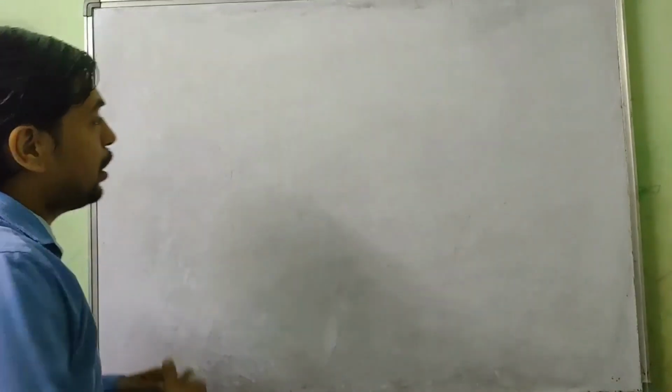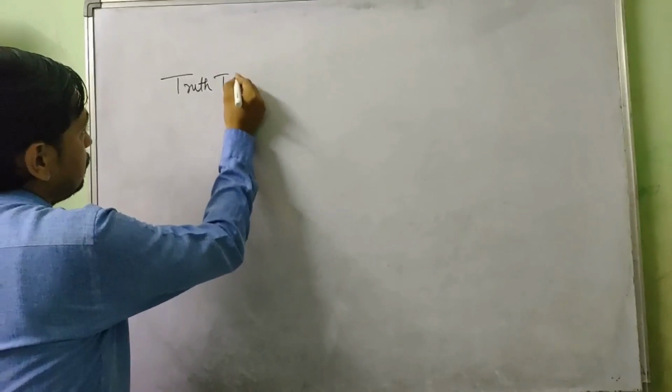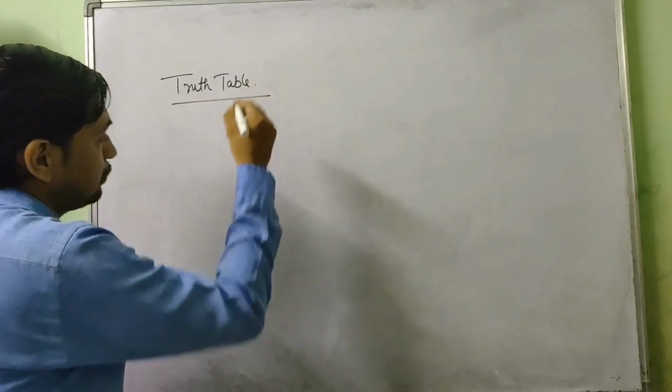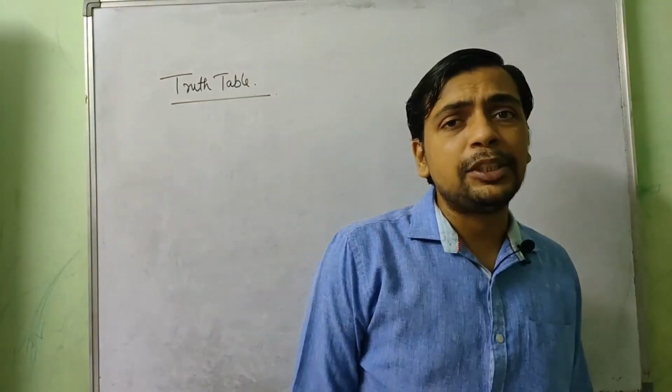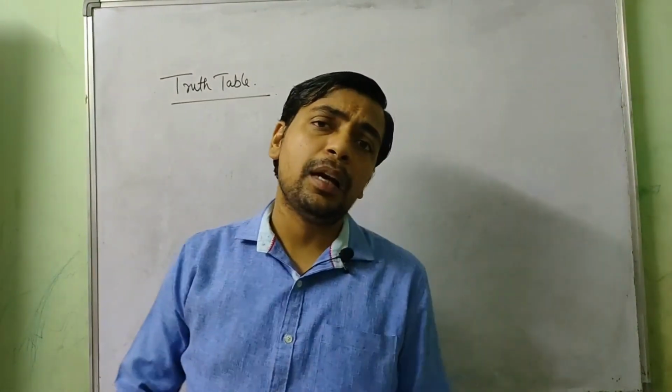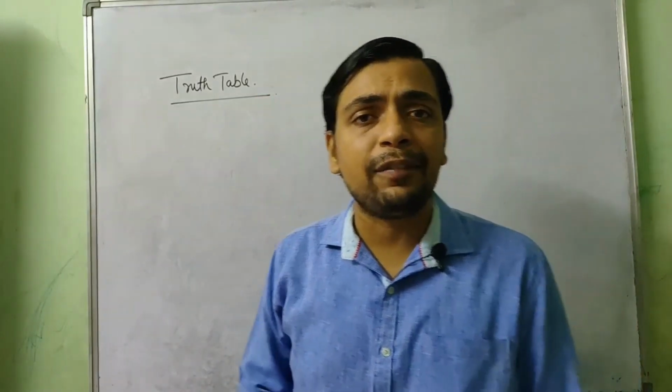Now the question is, what is a truth table? A truth table is a table that shows all possible values of a proposition. So a truth table is a table, and of course it will have some rows and columns.